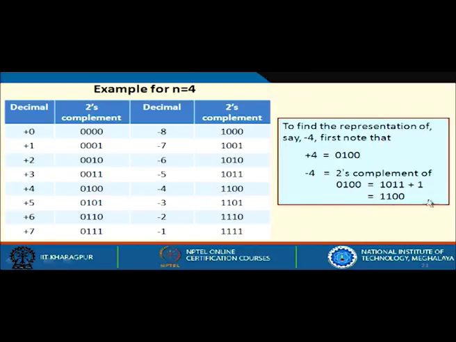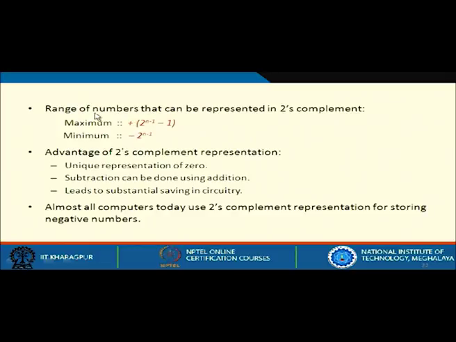So, this is how we can represent a negative number in 2's complement, and the most advantageous thing is that here there is only a single representation of 0. We do not have a minus 0 here. So, 0 is represented once. What is the range of numbers that we can represent here? One more than the previous one. So, the range of numbers that can be represented in 2's complement is plus 2 to the power n minus 1 minus 1, and the minimum number is 1 more.